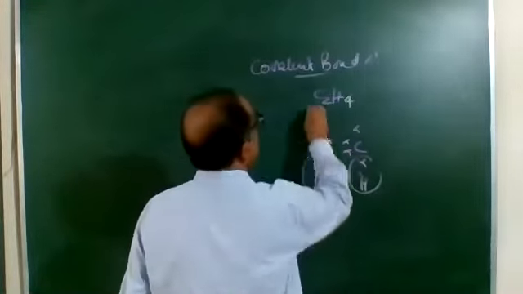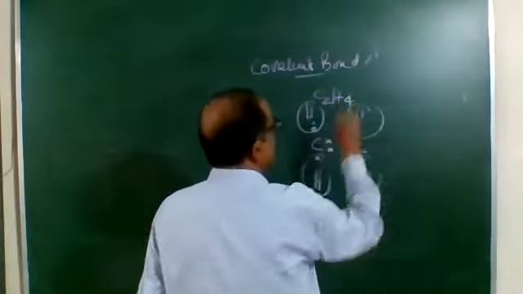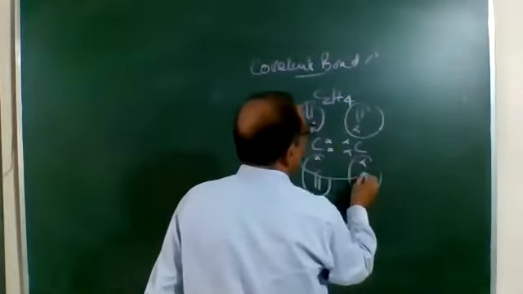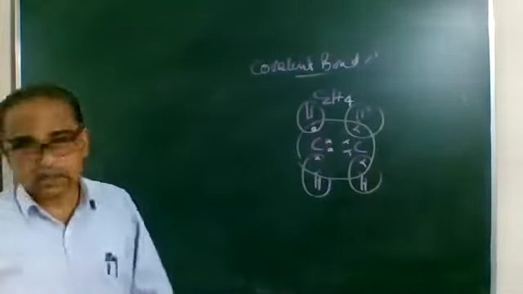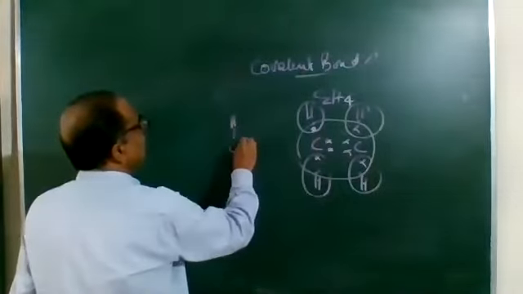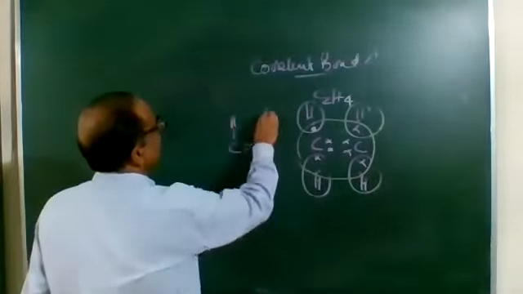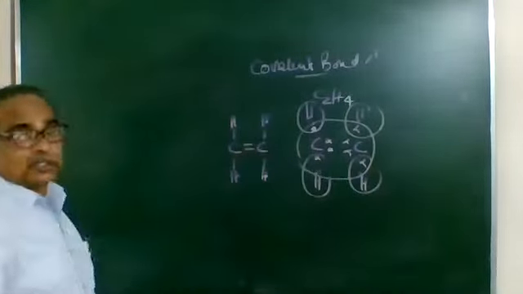The carbon will have shared electrons with hydrogen, so you can understand the bonding is completed. So we can take it as a carbon, single bond with hydrogen, double bond with carbon, single bond with hydrogen. And you can calculate the number of bonds present.